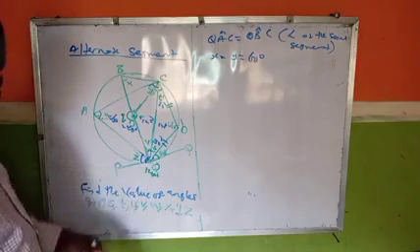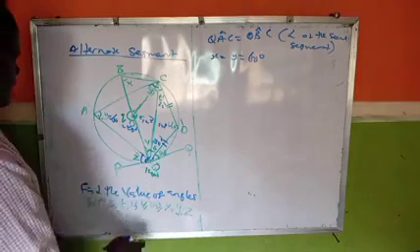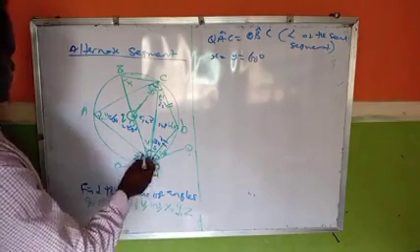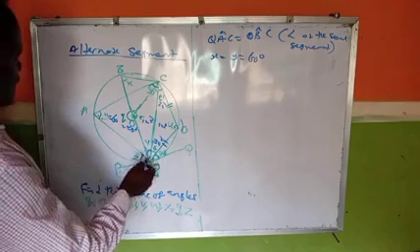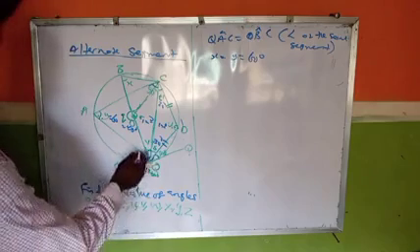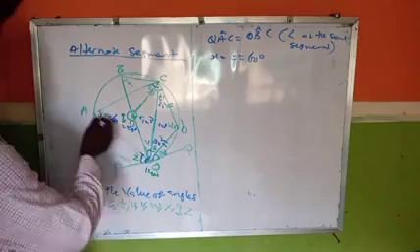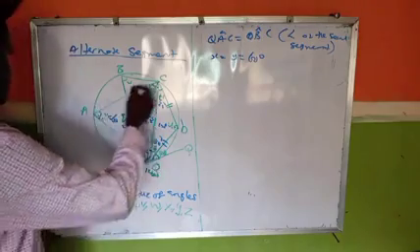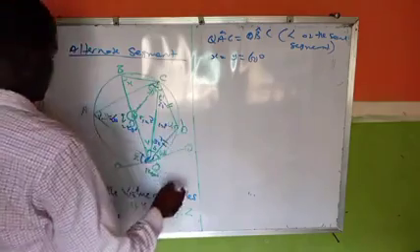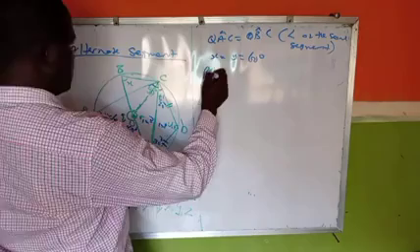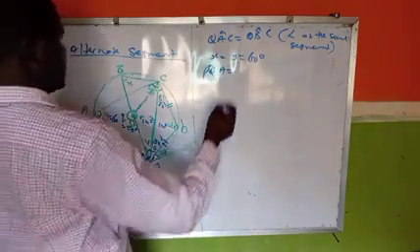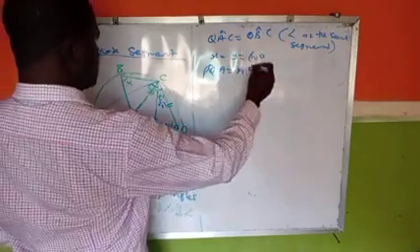Now, look here. Look at this. Here you have this one. This is a chord. It subtends an angle here. So you can say that angle PQA equals angle ACQ.